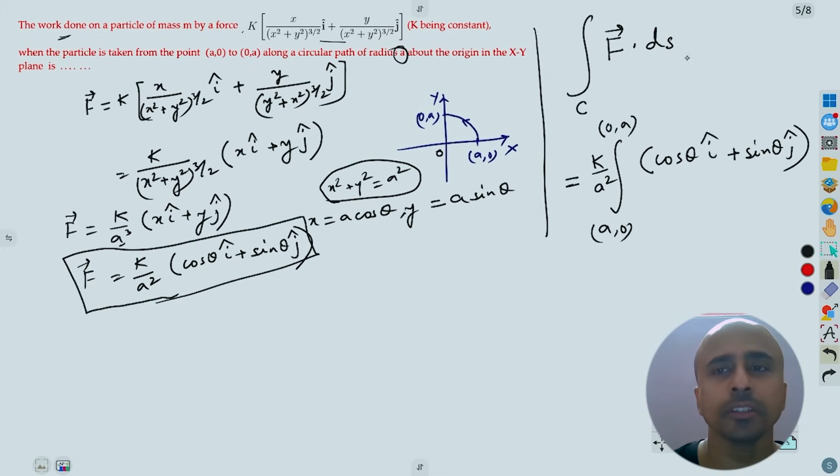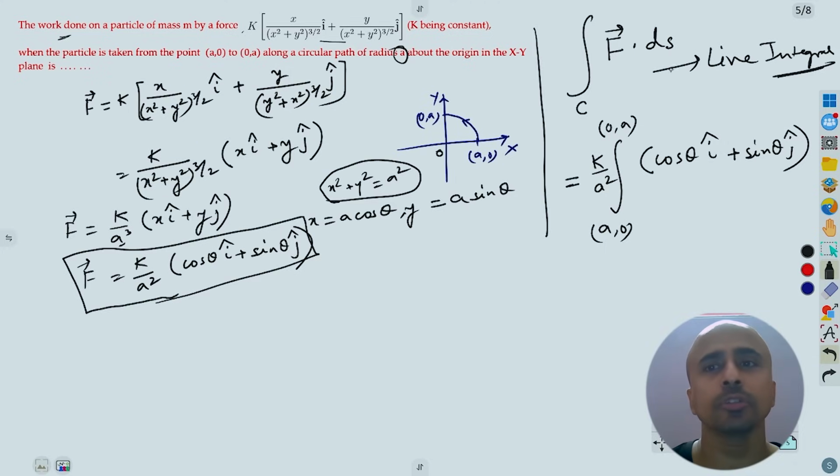It is called line integral. Okay, this is called line integral. So this is the formula for work done, and in this case we need to apply this line integral formula. F dot ds, and ds is also a vector actually.